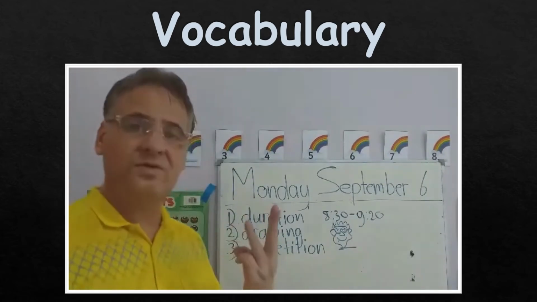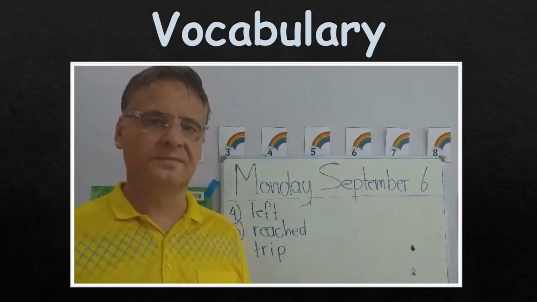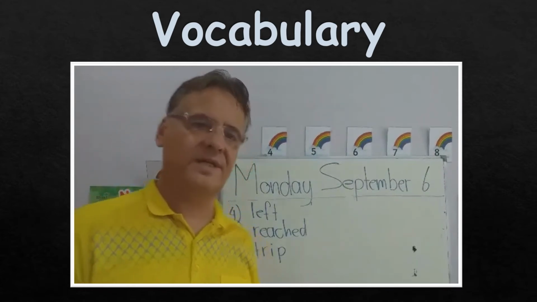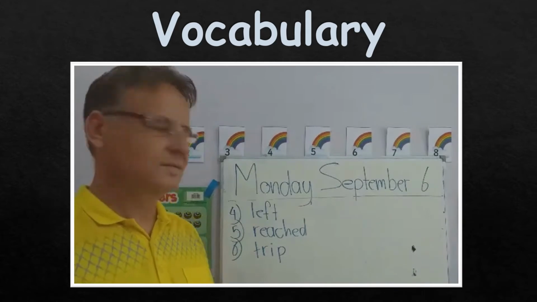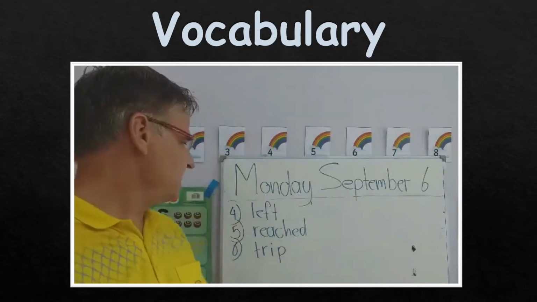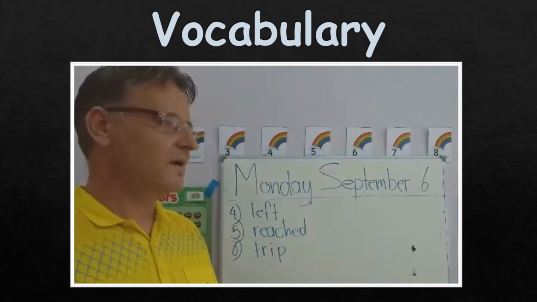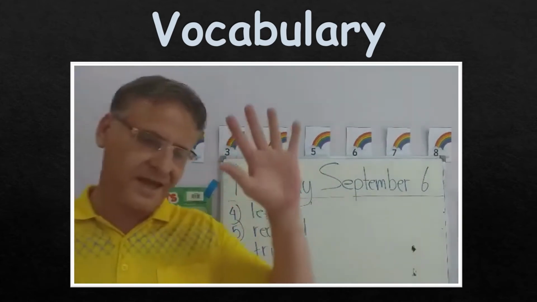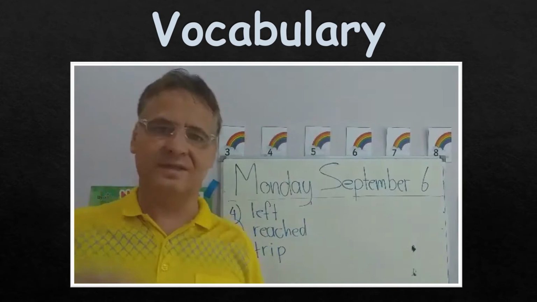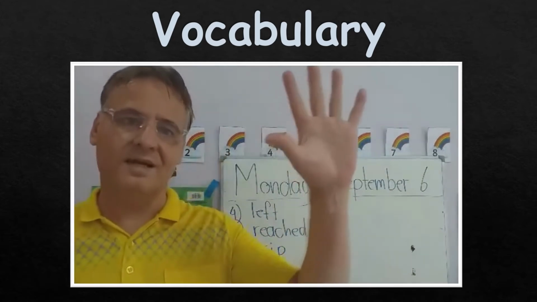Let's look at 3 more. Number 4, left. L-E-F-T, left. Left has 2 meanings. It means your left hand, right? This is your right hand, this is your left hand.